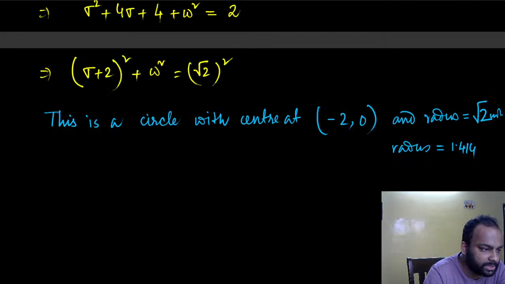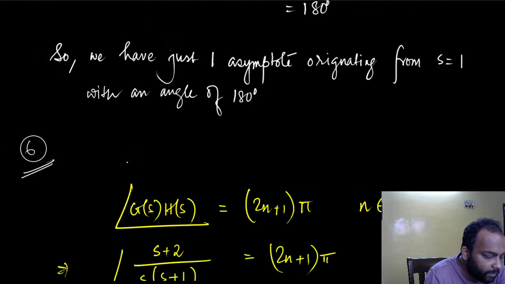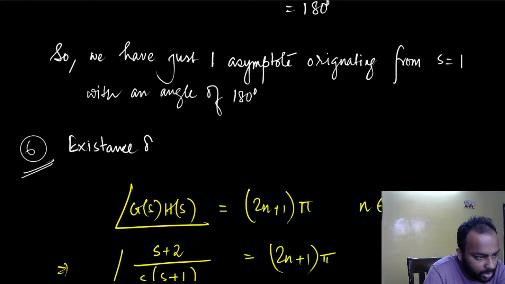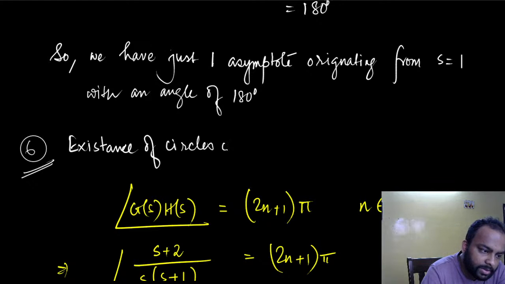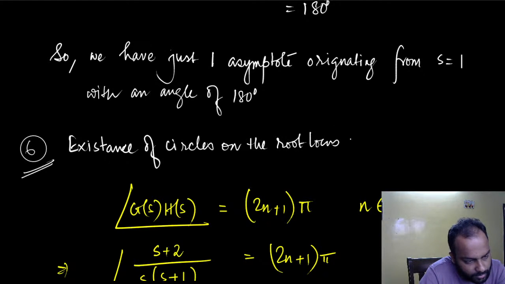So rule number 6 is for the existence of circles on the root locus. And this is how you figure out existence of circles on the root locus.